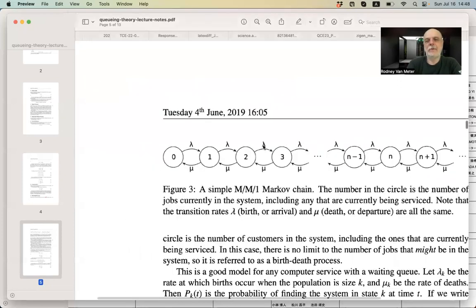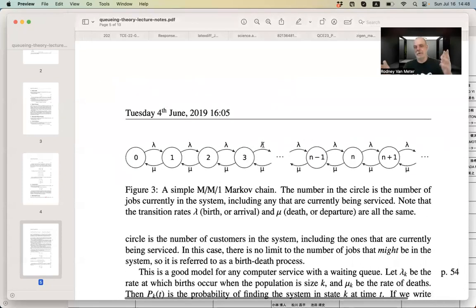So this represents the number of people in your waiting room. If you're a doctor or a barber or whatever, and you're processing people, how many people? Well, not just the people in the waiting room, actually. Sorry, this also has to include the customer you're actually working on. So if you're a dentist or a doctor, this includes the patient you're currently seeing, plus all of the people in the waiting room.